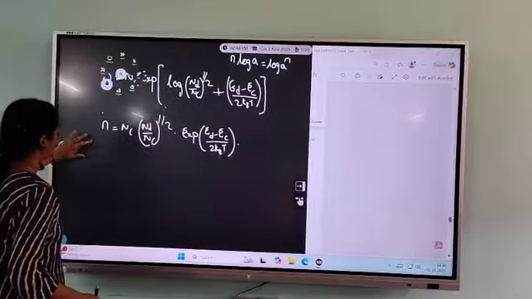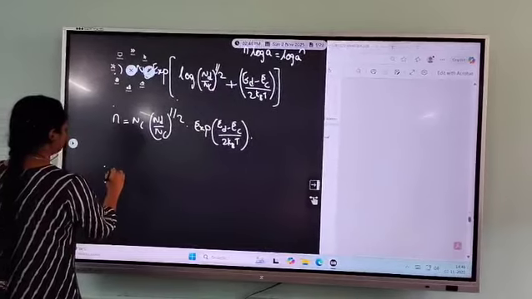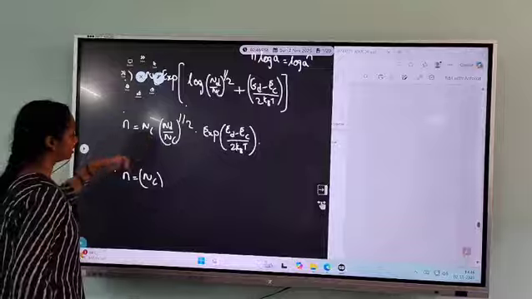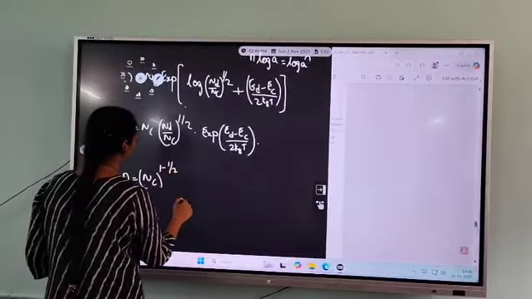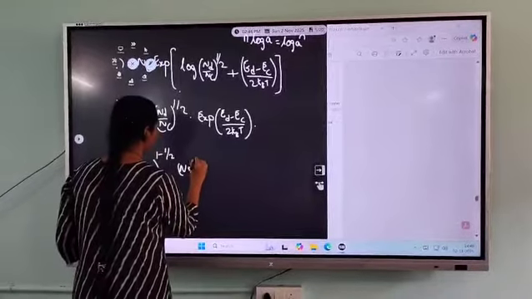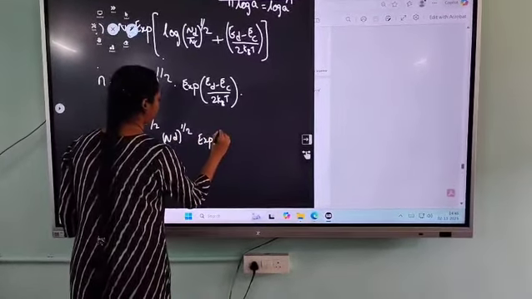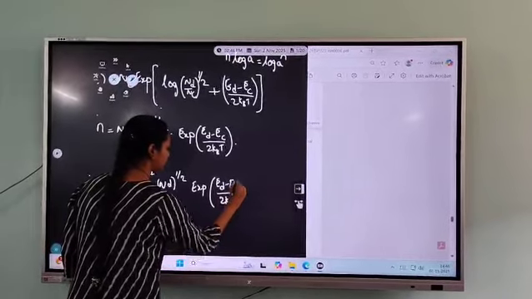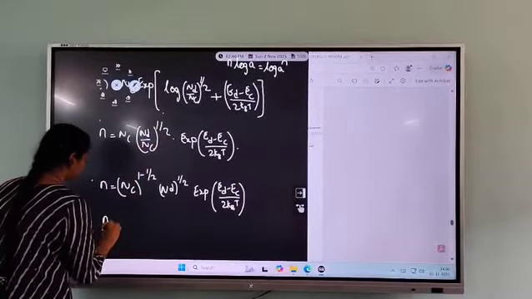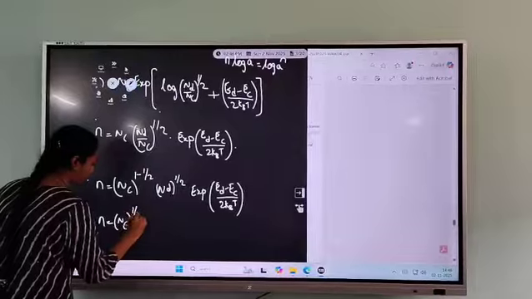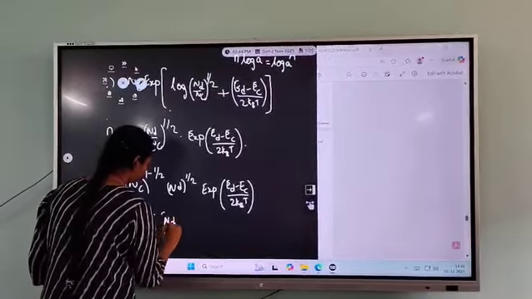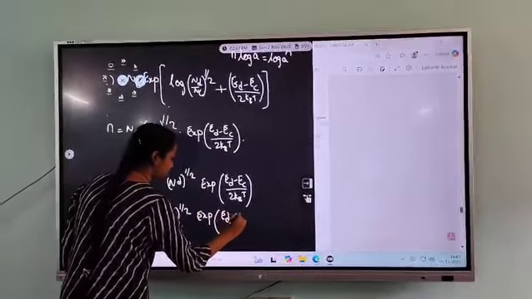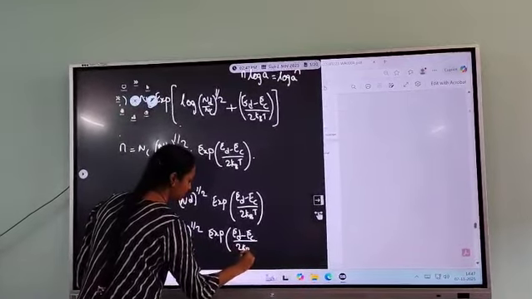Then n is equal to Nc, which on taking to the numerator becomes power 1 minus 1 by 2, and then Nd power 1 by 2 exponential of Ed minus Ec by 2kBT. Then n is equal to Nc power 1 by 2, Nd power 1 by 2 exponential of Ed minus Ec by 2kBT.